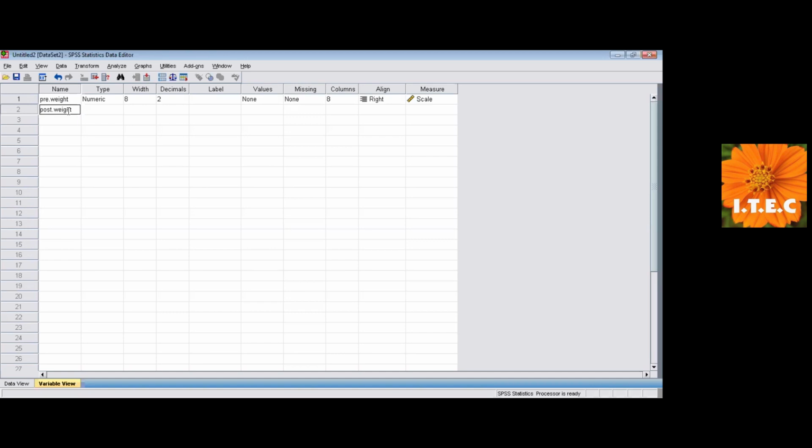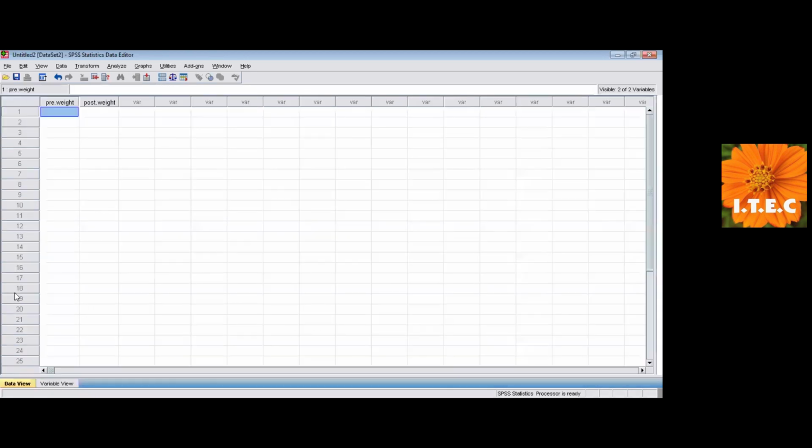So you have pre-weight and you have post-weight. You have one group, the same group you are assessing with the help of whatever is the tool for the weight, and then they are doing some exercise, and then you are again testing.